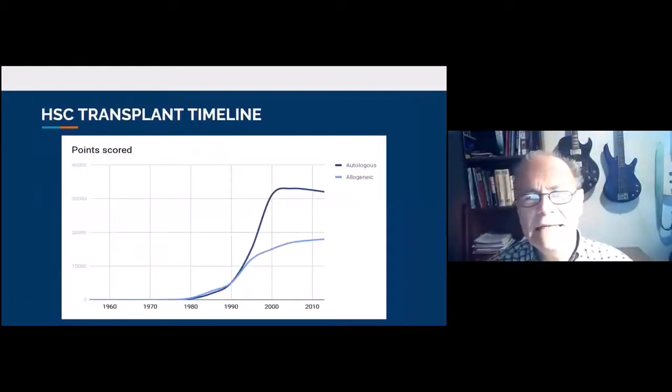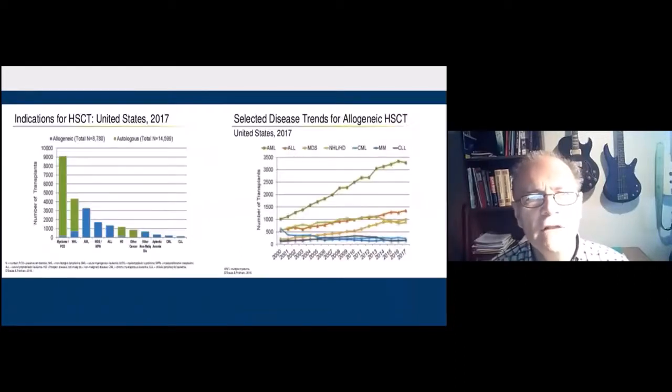Here you can see the transplant timeline up to 2010, where autologous is more important than allogeneic. And here on the left, you can see the indications for hematopoietic stem cell transplant in the United States up to 2017, where you see in green the autologous transplants, in blue the allogeneic transplants.